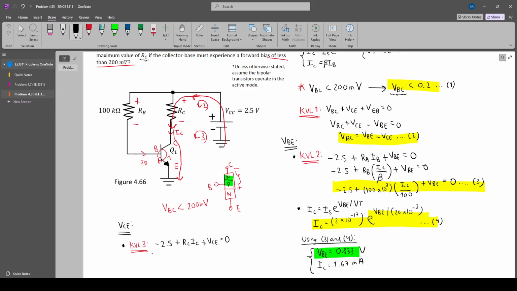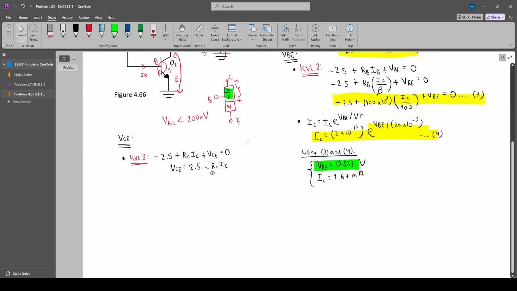So now we can isolate BCE without any trouble. Okay, let's say that BCE equals 2.5 minus RC times IC, right? And well, we can plug in the values of IC that we have previously calculated and RC, which is the unknown variable of this problem, right?